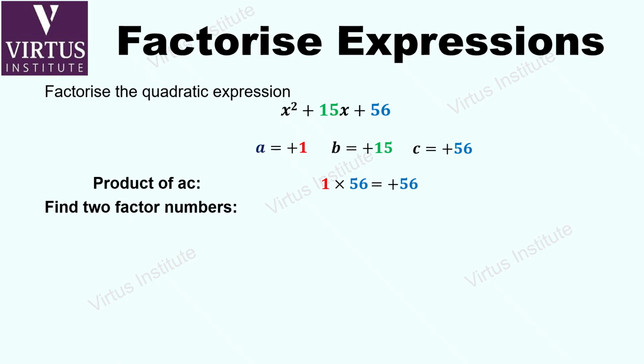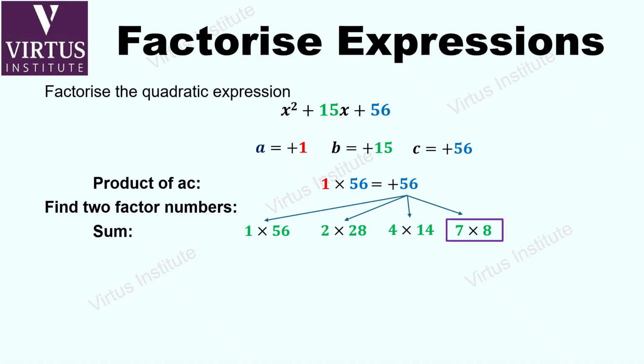They are either 1 times 56, 2 times 28, 4 times 14, or 7 times 8. The pair that adds to 15 is 7 and 8, because 7 plus 8 equals 15 and 7 multiplied by 8 equals 56.